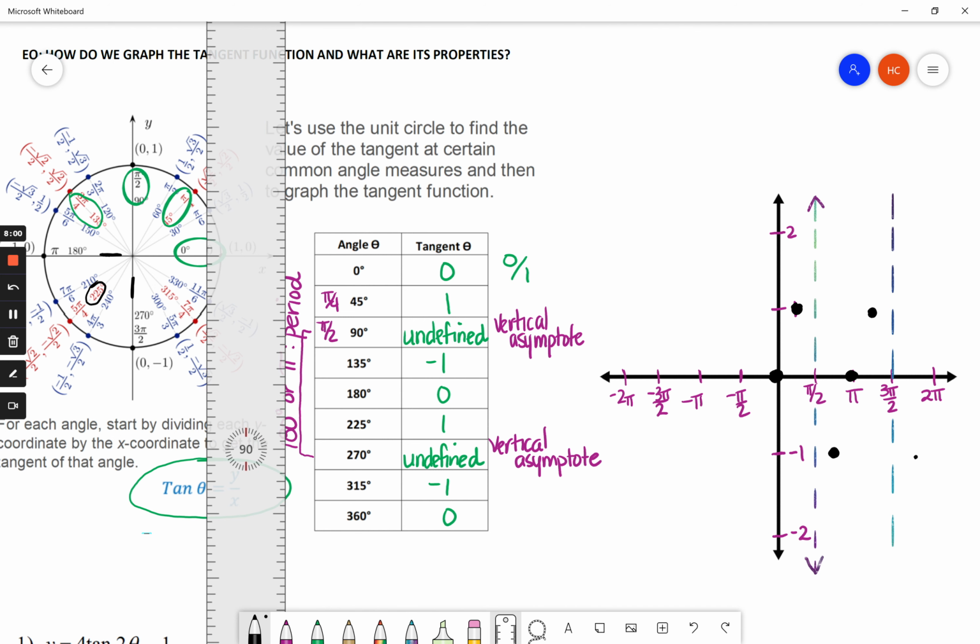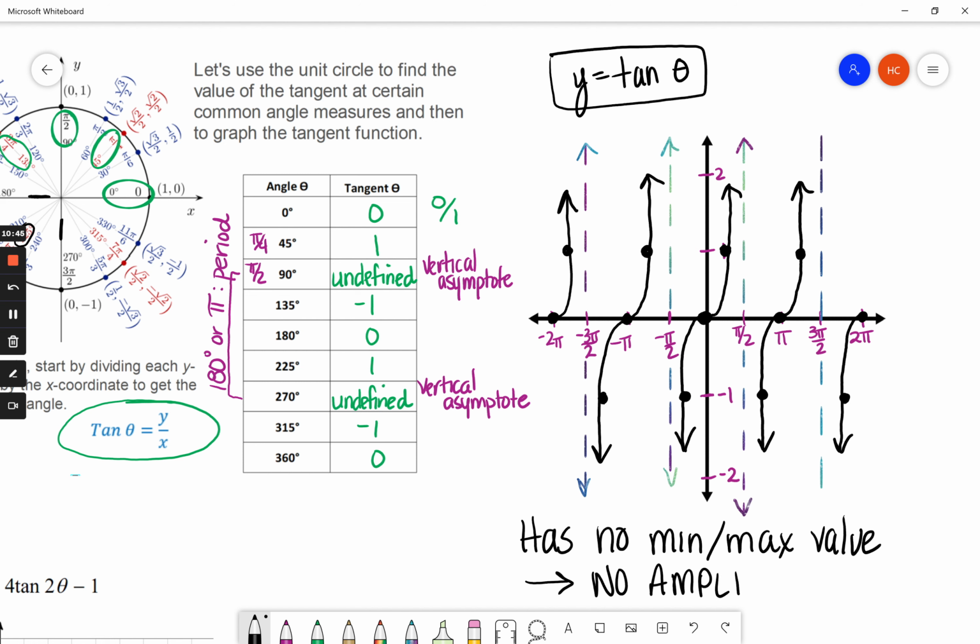And since it has no min or max value, it has no amplitude. So anytime you are asked to provide the amplitude for a tangent function, please write none.